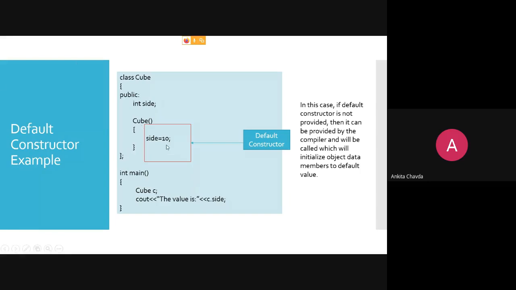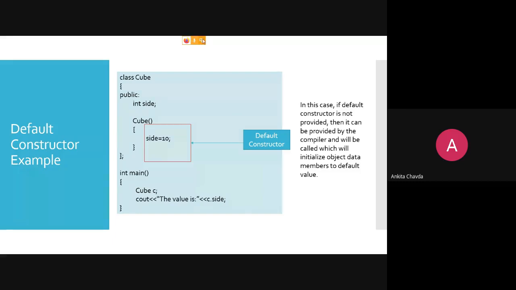And here I am writing side equals 10. So this is nothing but my default constructor, right? This Cube is my default constructor. Now in int main, I'm creating the object of my Cube class, so I'm writing Cube C. So what will happen at this time, the memory for your integer variable side will be created, because you are creating the object now, and we just learned that whenever you create your object, at that time only actual physical memory will be occupied for that class's data members.